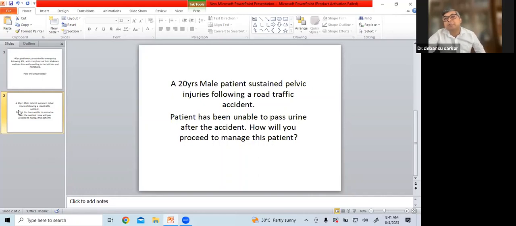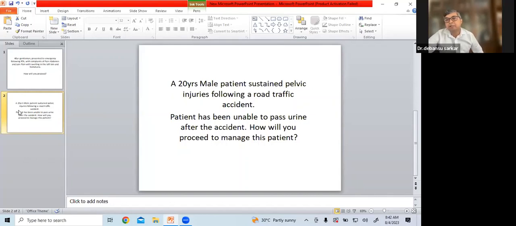That is the reason the patient is not having a palpable bladder. He's having a urethral injury, but since the patient has a bladder injury, you are not getting any palpable bladder. It can be misleading. So this is very important in a patient with suspected urethral injury: resuscitation history.